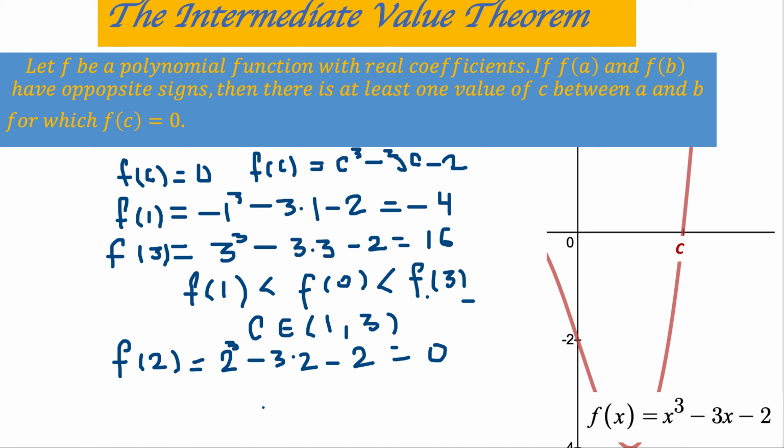So it means c is equal to 2. And 2 is between 1 and 3. So the element c is between 1 and 3, or c is an element of the interval from 1 to 3. So we have already completed this simple proof.